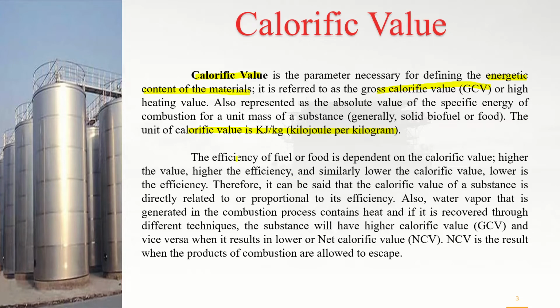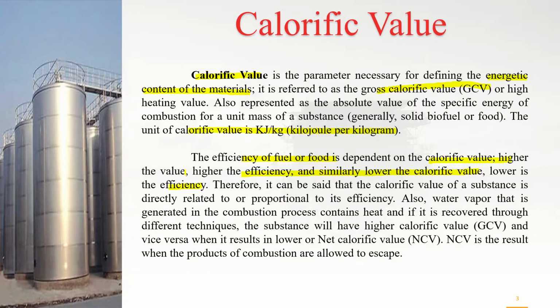Now, the efficiency of fuel or food is dependent on the calorific value. Higher the value, higher the efficiency, and similarly lower the calorific value, lower is the efficiency. Therefore, it can be said that the value of the substance is directly proportional to its efficiency. Also, water vapor that is generated in the combustion process contains some amount of heat.